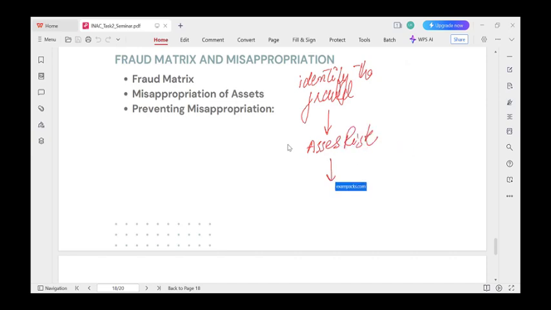And once we have assessed risk, we can suggest controls. For example, let's take the example of unauthorized discounts.